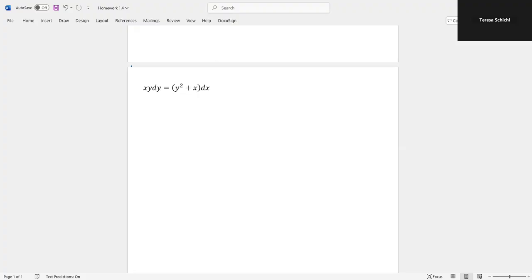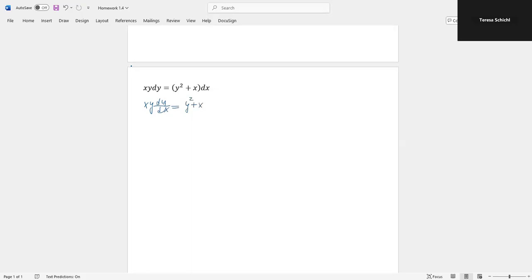All right, so the first thing I will do is divide both sides by dx. So I will have xy dy/dx equal to y squared plus x.